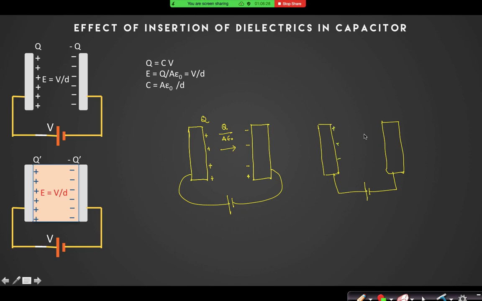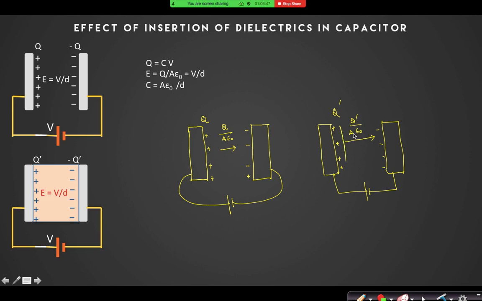Will it remain the same? No, sir, it will be Q prime. So if there were no dielectric, what will be the electric field in between the plates? Q prime by A epsilon naught.